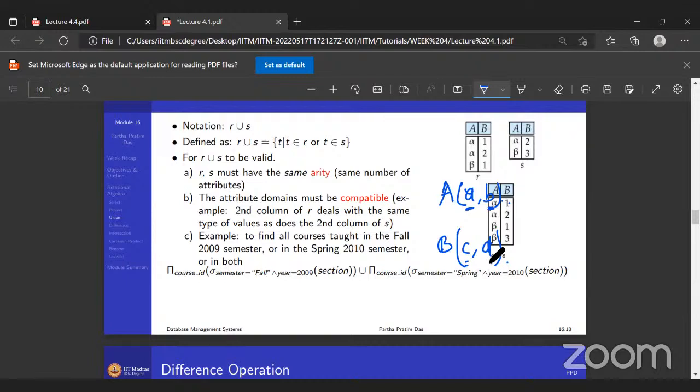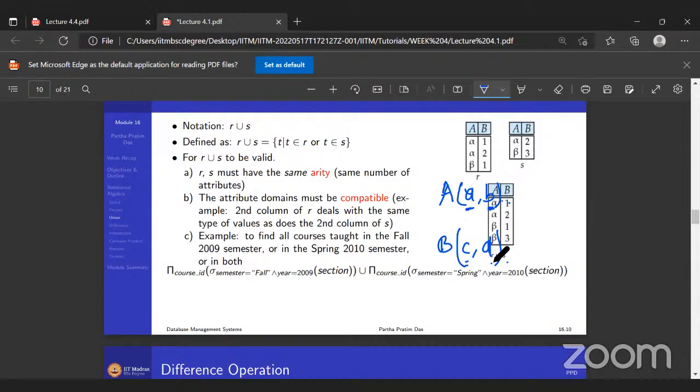So this condition is clear to everyone, right? The first condition is that the number of attributes needs to be the same, and the second condition is that the data types need to be the same. If these two conditions are satisfied, then we can say there is union compatibility, right?